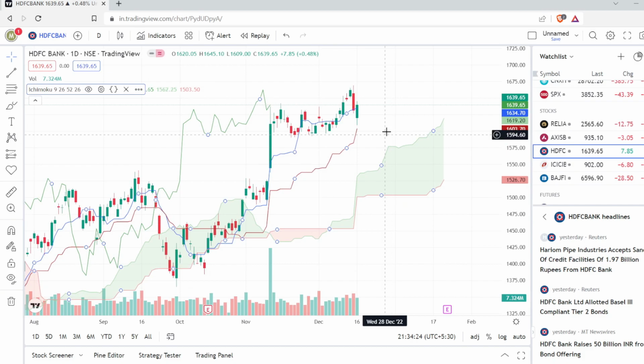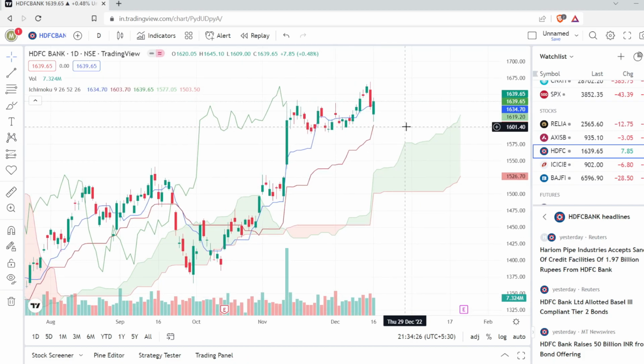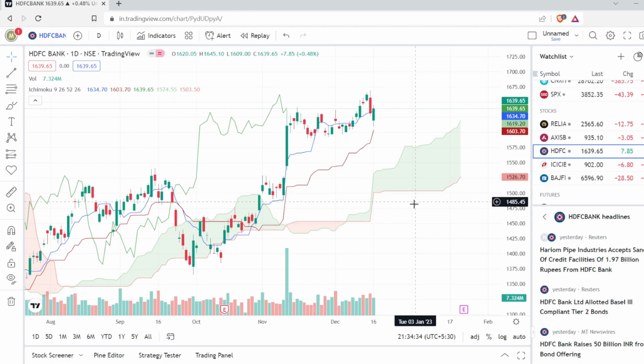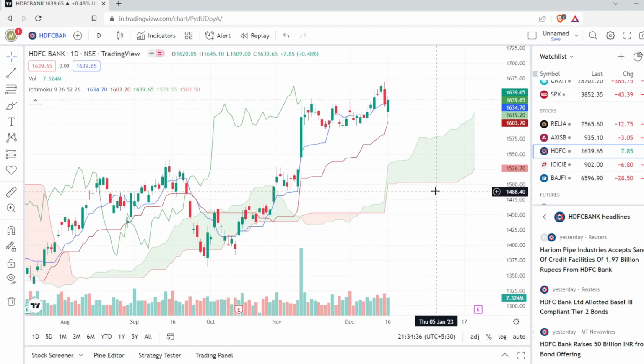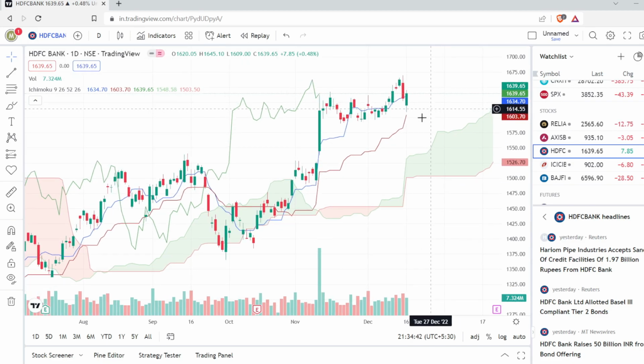Now we have discussed every single line that is included in the Ichimoku. Now, when should you take a trade as per the Ichimoku cloud system? You should take a trade only when the price crosses the Kumo cloud.